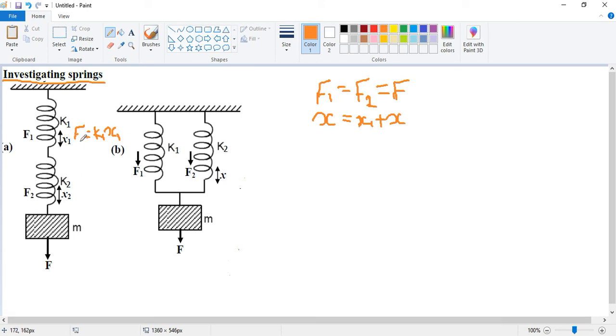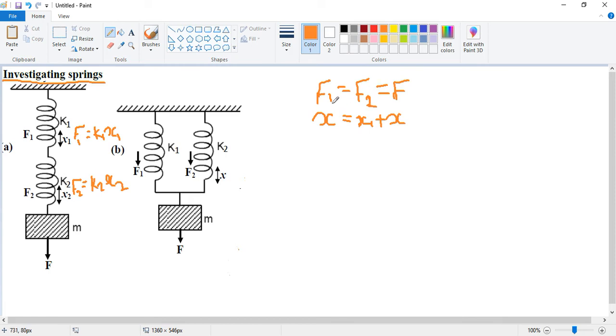Then F2, from the second spring, is going to be equal to K2 times X2. My handwriting may not be good, but I know you understand.